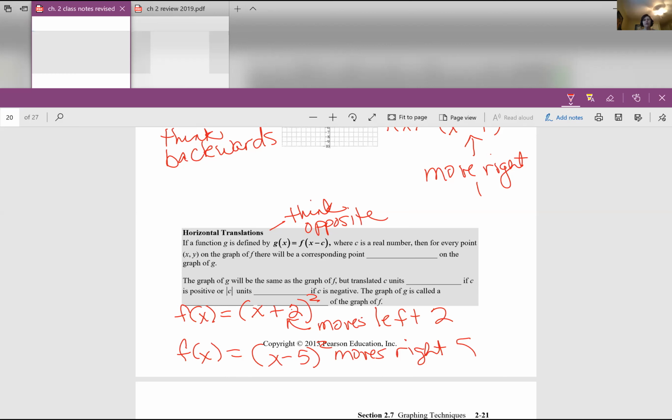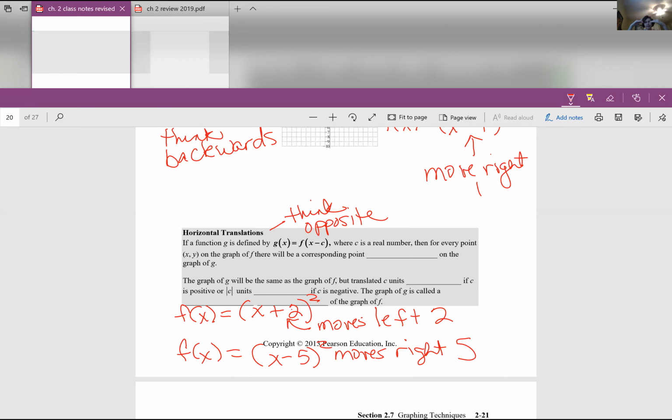Okay, I want you guys to send me a quick chat answer, or you can unmute yourself. So far, are you good? Is what we've talked about so far something that makes sense? Because from last class, what we started with was the vertical stretch, vertical shrink.